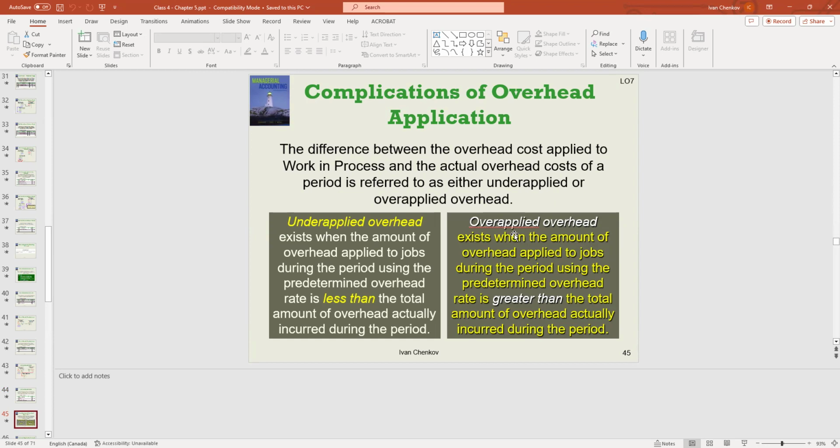The first scenario is underapplied overhead, which means the amount applied is less than the actual cost during the period. The second possible scenario is overapplied overhead, which means the amount we applied as overhead during the period is more than the actual cost during the same period.